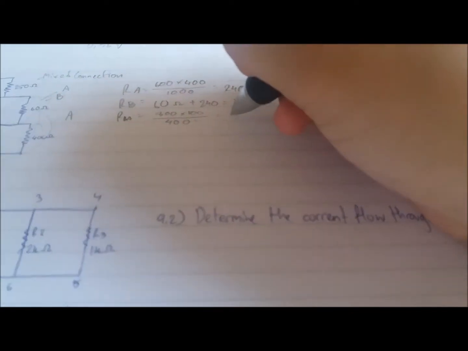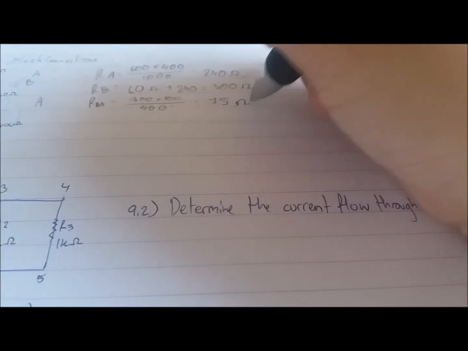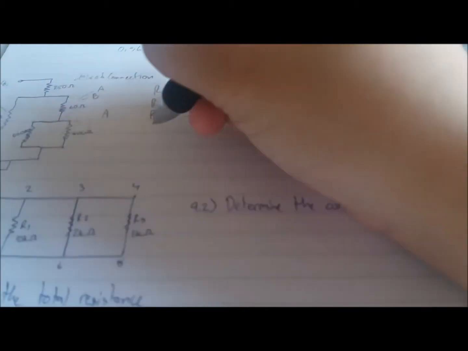Cancel the numbers and do the math. Equals 75 ohms in total. So we can manage to calculate all of the rows here. Then we're going to add it with 250 ohms from the start. So the total resistance for this mixed connection is 75 added with 250 equals 325 ohms in total.